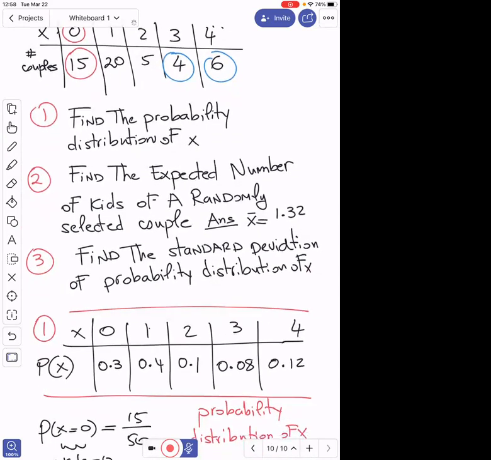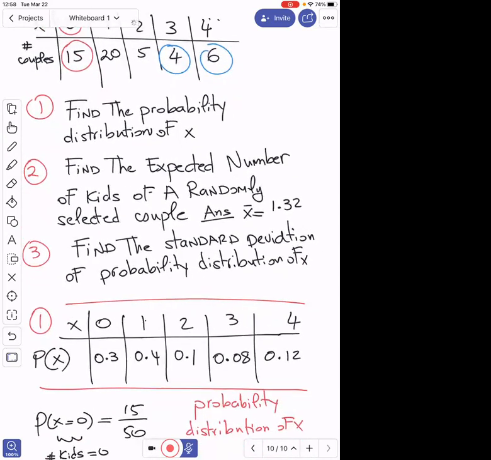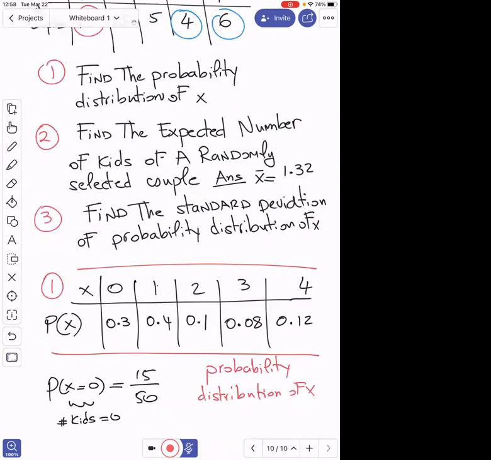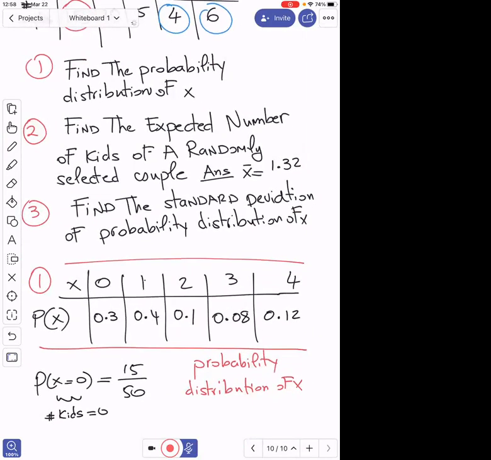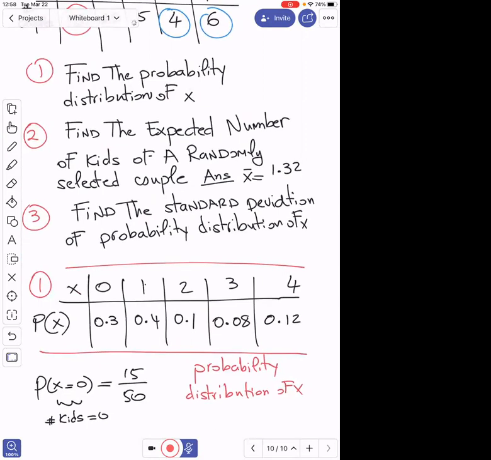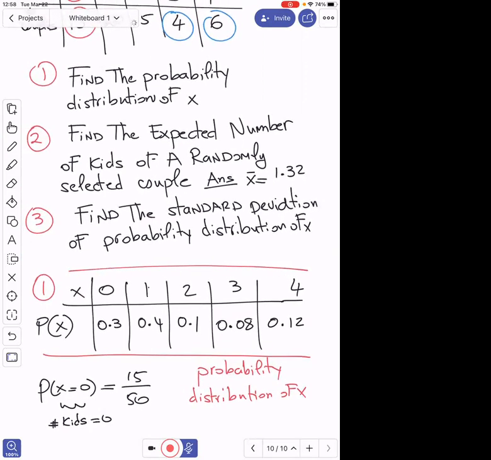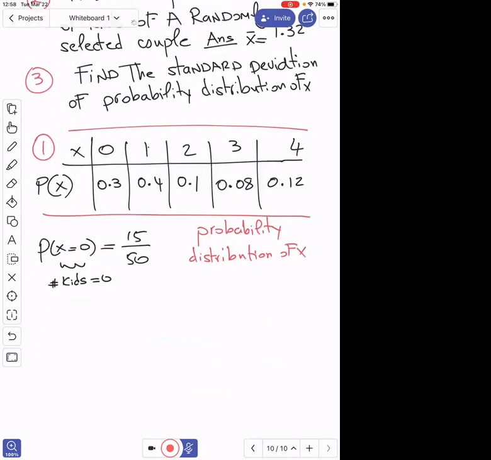All right. Once you have the probability distribution, then of course you can compute. So next, you need to find the expected number of kids of a randomly selected couple. So we said the expected number means X bar, it means the mean, right? That's what we mean by the expected number. So number 2, we need to compute the mean.